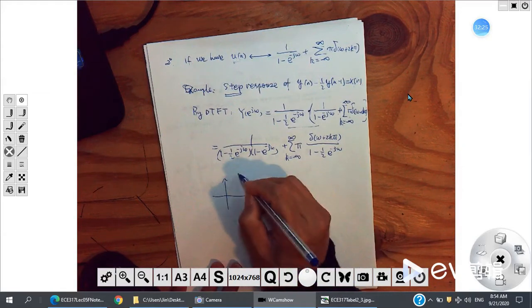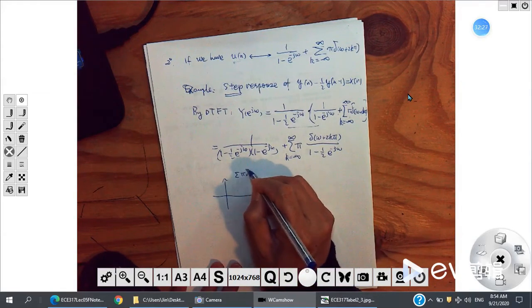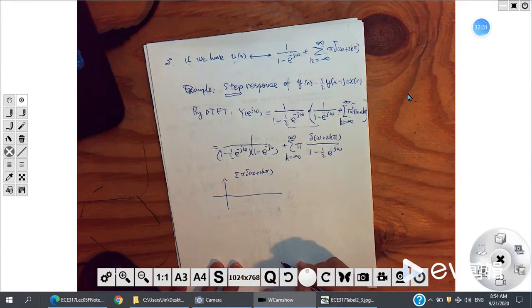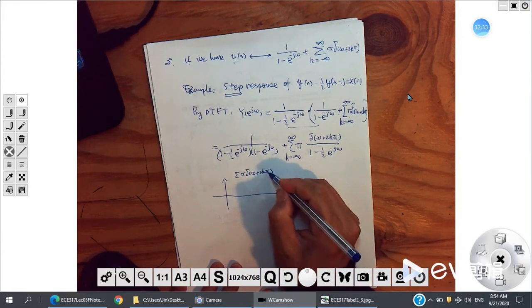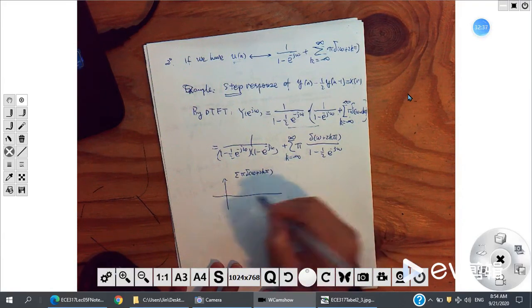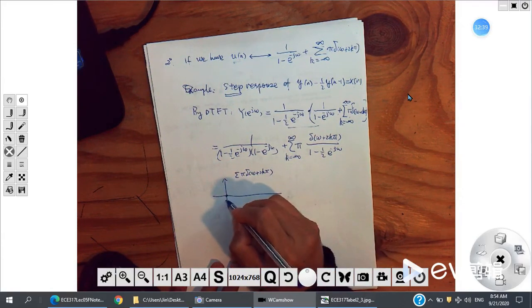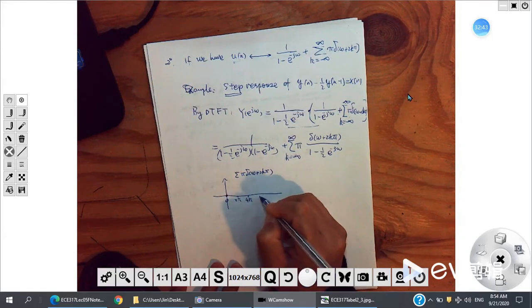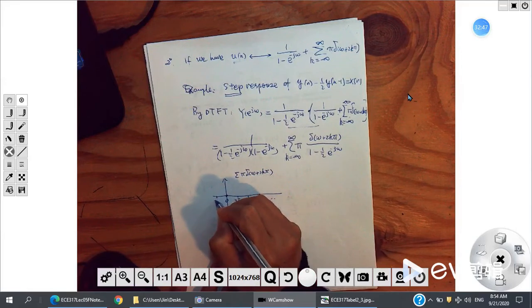The first one is the summation of pi delta of omega plus 2k pi. What is it? At every 2k pi we have impulses. So at every 2k pi: 0, 2 pi, 2 times 2 pi, 3 times 2 pi, and so on. The negative side is similar.